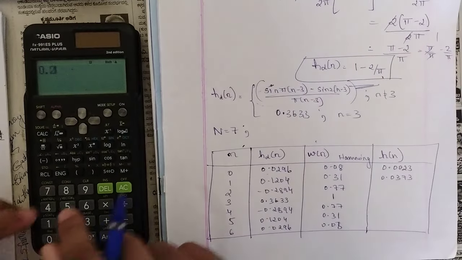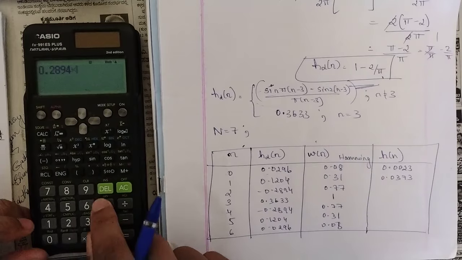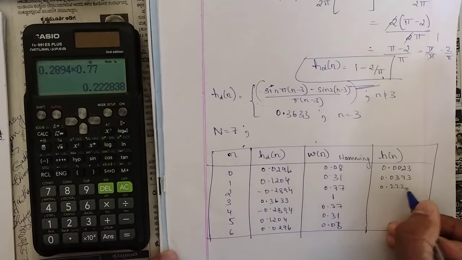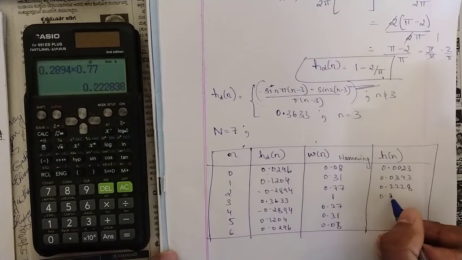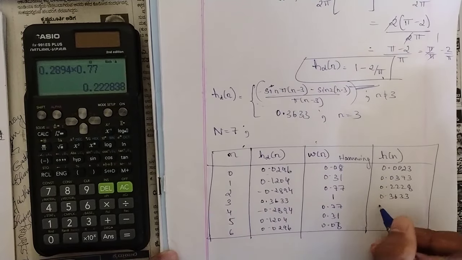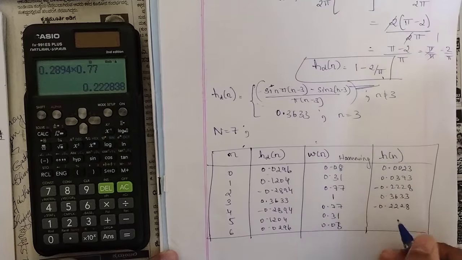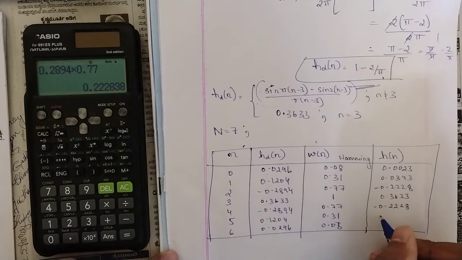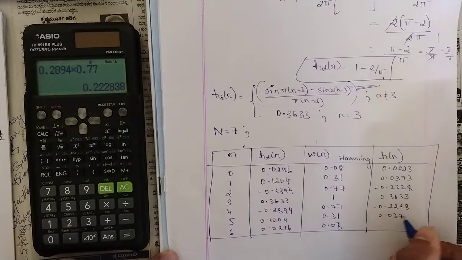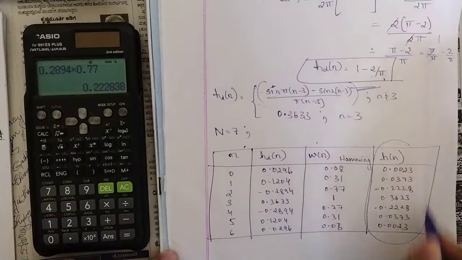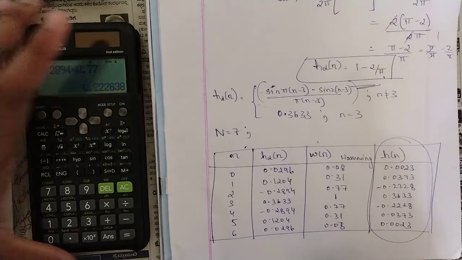Next is 0.2894 into 0.77, which gives 0.2228, and here it is 0.3633 since we are multiplying it by 1. So this is 0.2228. Here we have a minus sign, minus 0.2228. Here it is 0.0373 again, then 0.0023. So these are the filter coefficients for this problem.